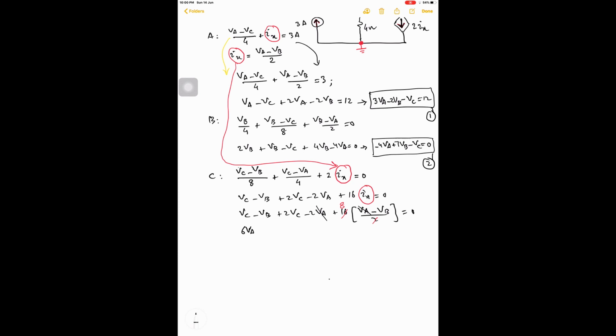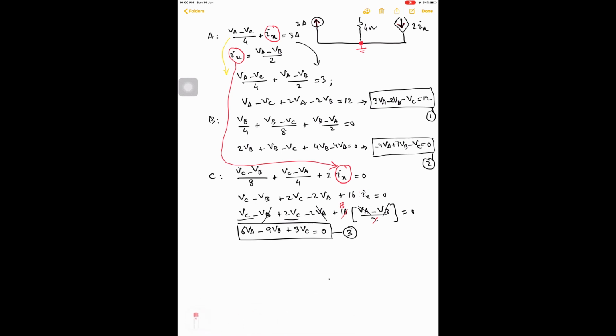VB terms: this is minus VB and this is minus 8 VB, so this is minus 9 VB. VC term over here: this is VC and this is VC, and we have, sorry, 3 VC. Right hand side over here is equal to 0. This way, this is our third equation.